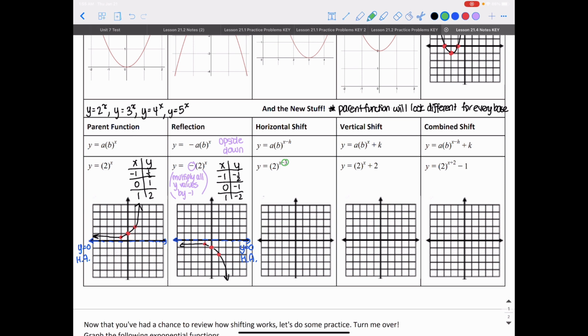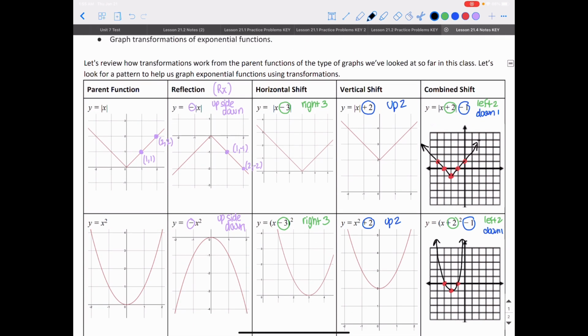And if I am doing that, that tells me that I'm going to be moving right 3. Whatever I'm adding or subtracting, it's going to tell me my horizontal shift, if I'm moving left or right. If it's addition, I'm moving left. If it's subtracting something, I'm moving right. So if I'm moving right 3, I want to think about what that actually means for all of my points.